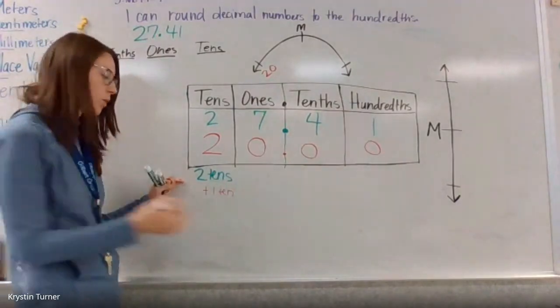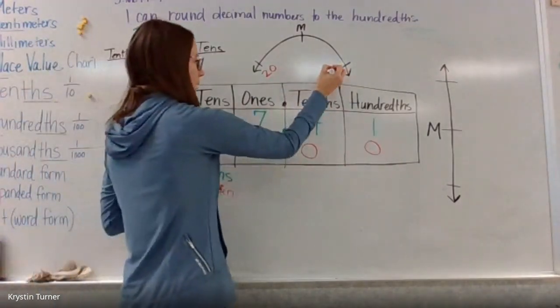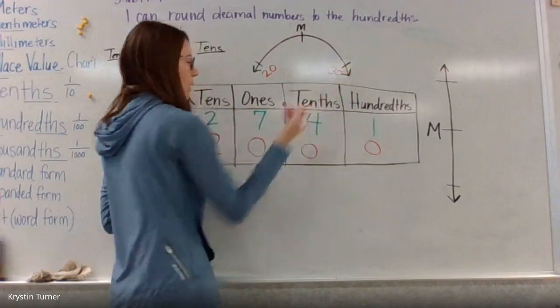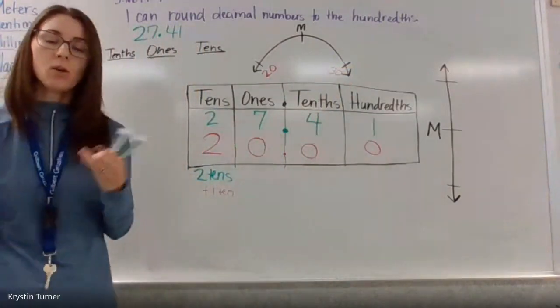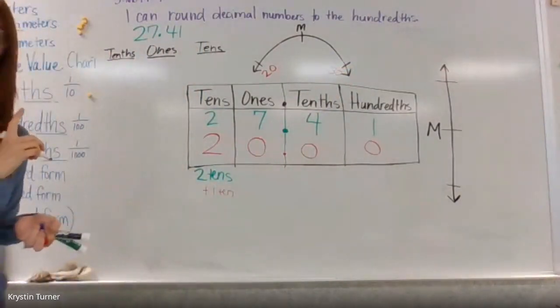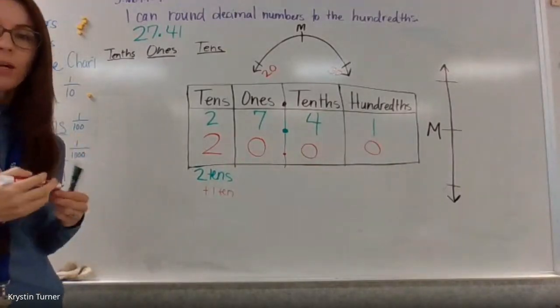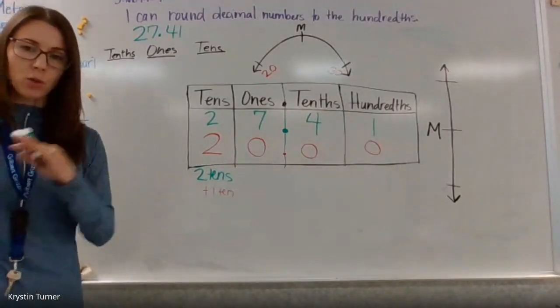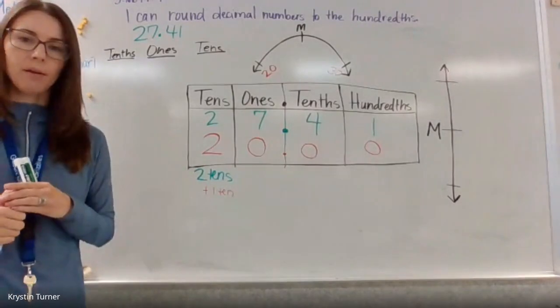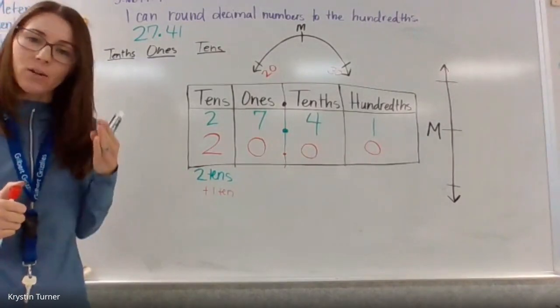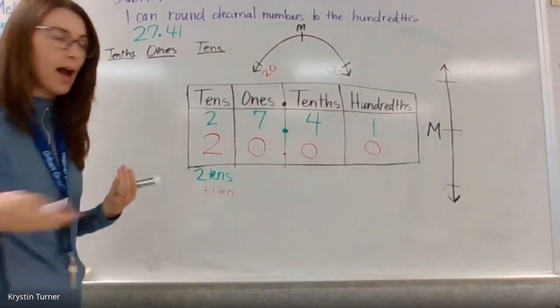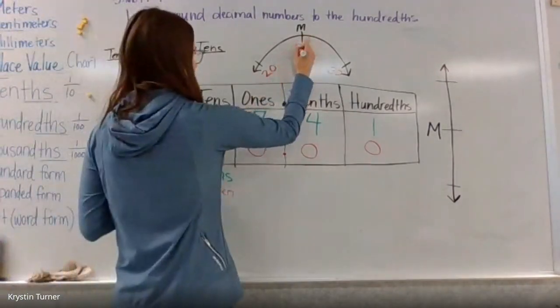So 2 tens would be 20, 1 more ten, that would be 30. So my number, 27 and 41 hundredths, lives between the numbers 20 and 30 on the number line. What is exactly in the middle of those two numbers would be 25. So my midpoint is 25.